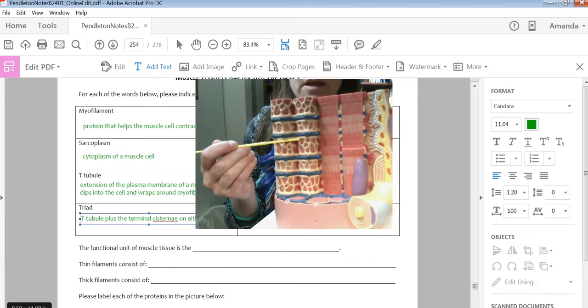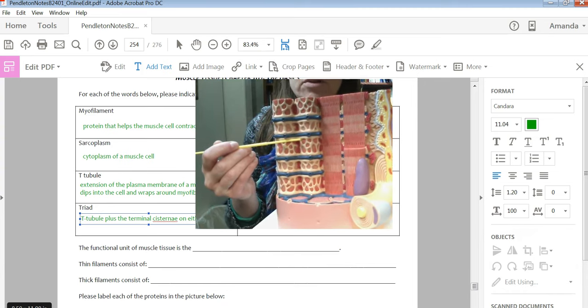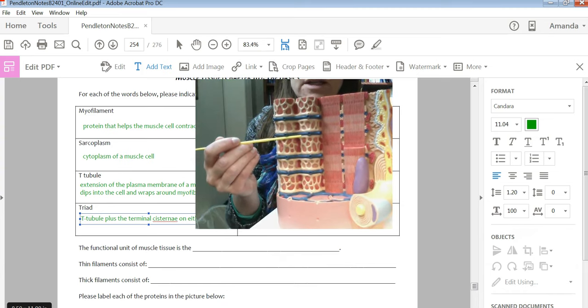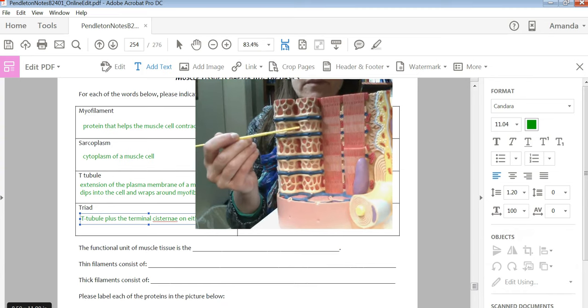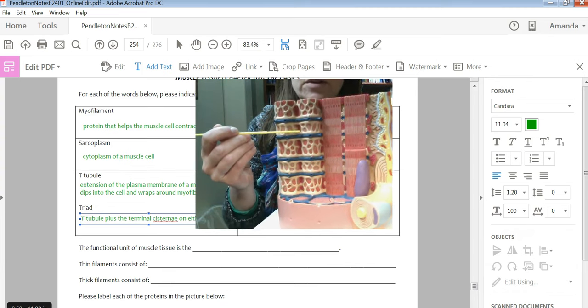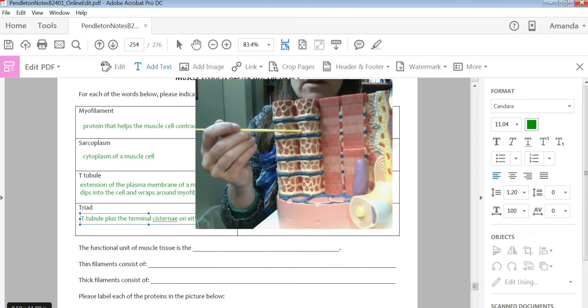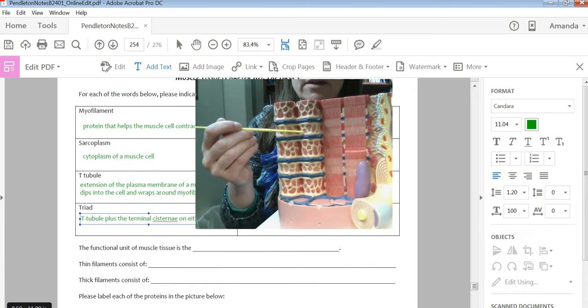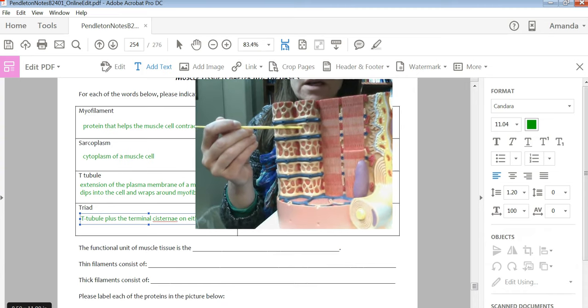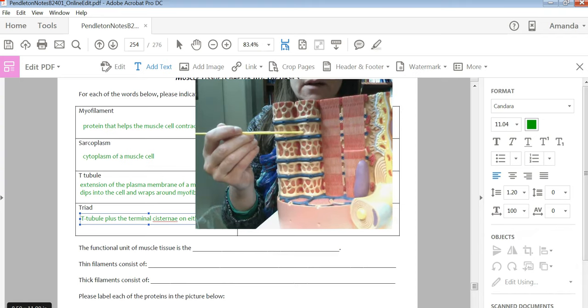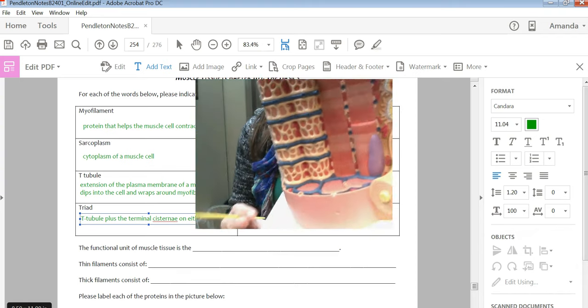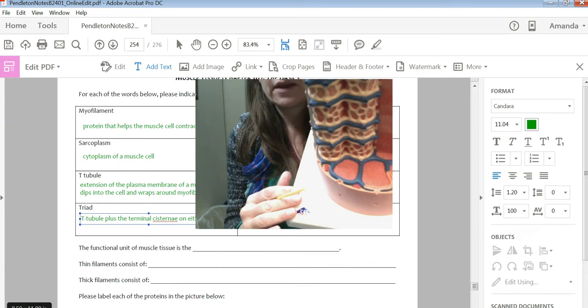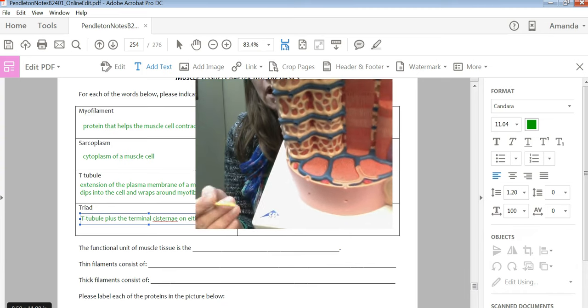This part that's close up next to this blue structure is the terminal cisterna, because this blue structure is a T-tubule. On the other side we have another tan structure, which is the other terminal cisterna going into more of the endoplasmic reticulum. Okay, and I'm hoping that maybe you can see how these T-tubules form.